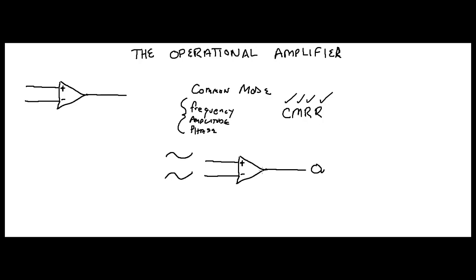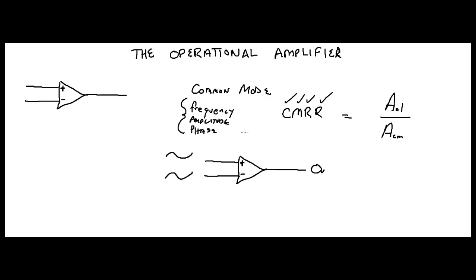So they take a ratio between these two: your open loop gain divided by the gain of your common mode.